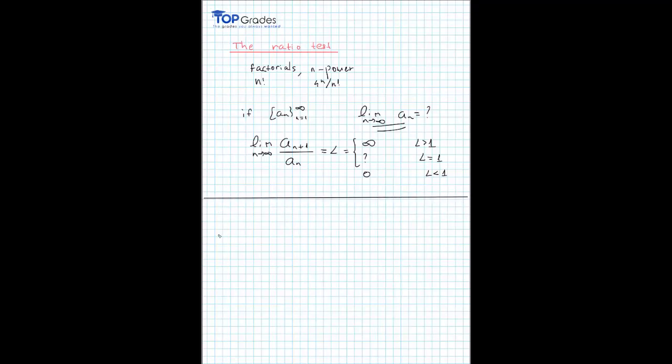Let's say we have the following sequence: the limit as n goes to infinity of 4 to the power of n divided by n factorial.